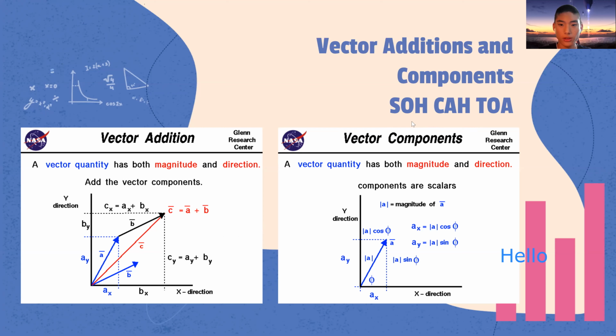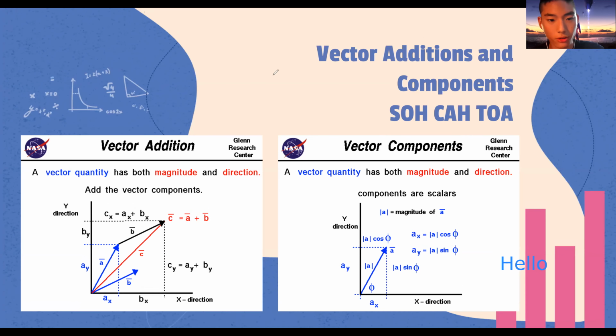Let me just draw it here to make it easier for you to understand. This is the arrow that represents the direction of the car at 30 degrees, with respect to this horizon. It's like a reference line. It tells you the angle and direction of your vector.